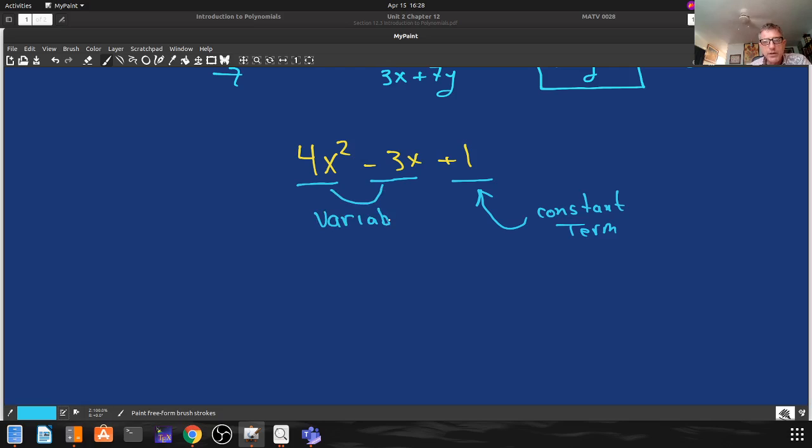So let's focus on the variable terms for just a second. The variable terms for x squared are made up of two parts.